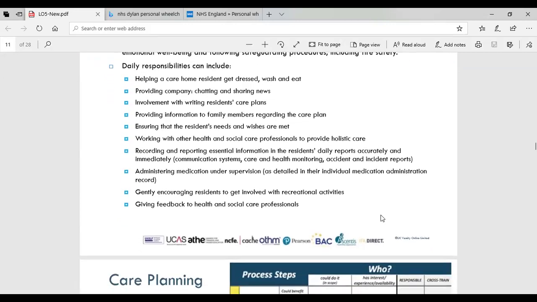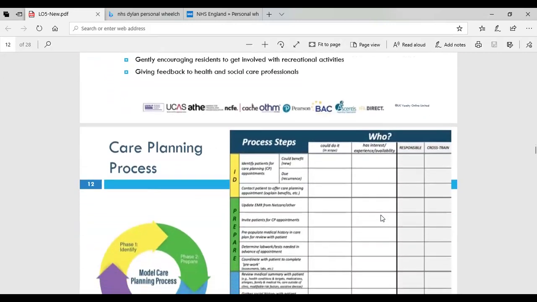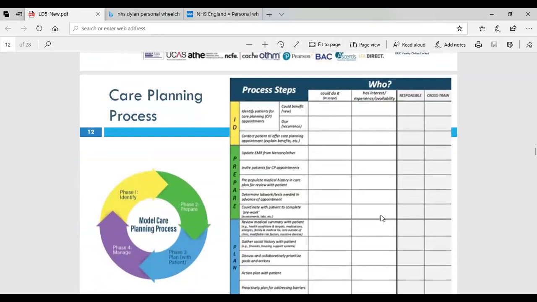So these are the multitude of responsibilities, or more than these also.